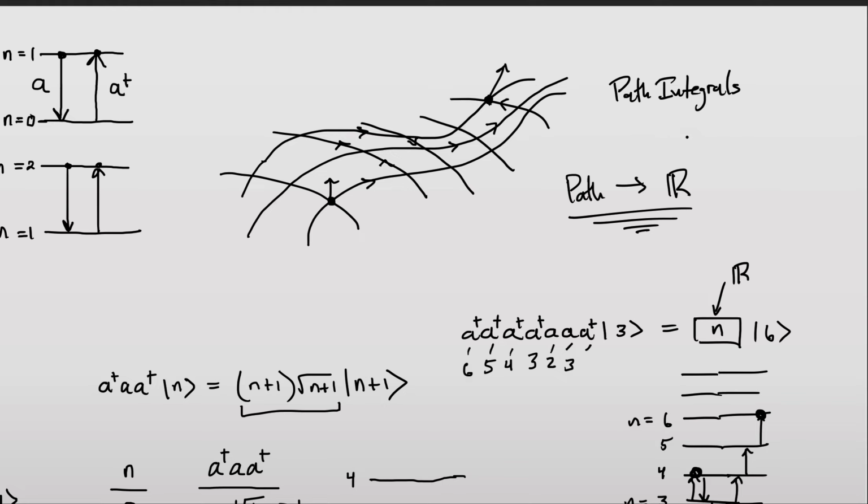This is almost like a function, right? For every point on some function, there's an associated value. So let's take a look at this. For example, for a particular path, we have, let's see, how do I want to do this?